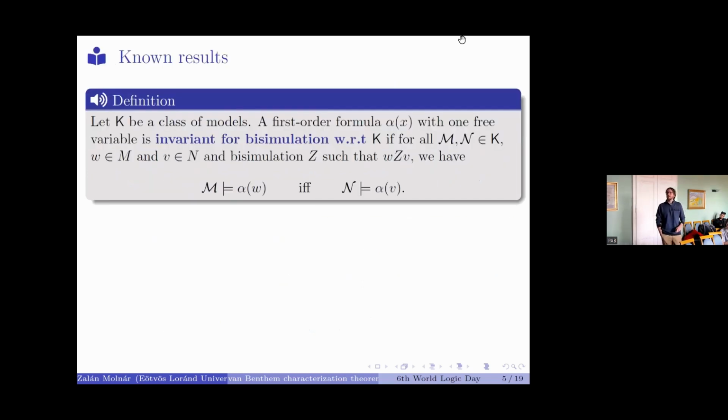So what do we know from this construction is the following: if we fix a class of models K, we can relativize the notion of being invariant under bisimulation in the following sense.